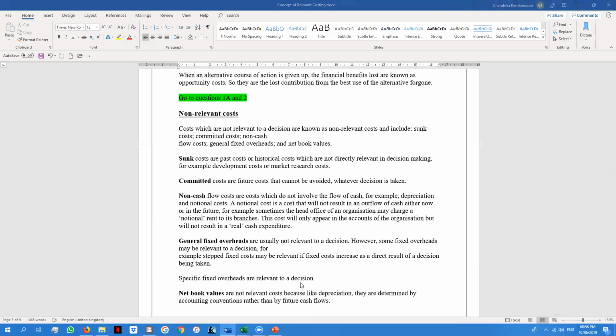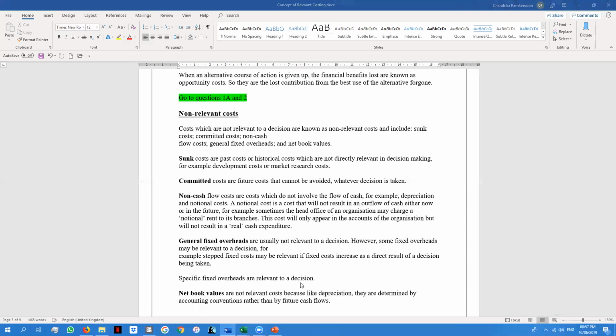You may recall a step fixed cost is one that displays the following pattern. Let's assume that a company is currently producing units, and there's a supervisor in charge of production right now. That supervisor is able to supervise production of up to 10,000 units a month.